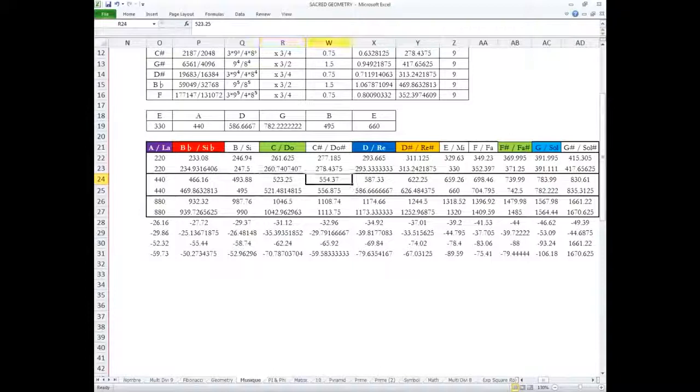The D, 586.6, 587.3. So both of them are very, very close, but not entirely equal. The D sharp is quite far: 626.4, 622.25. You see a 4 Hertz difference. This one is quite big.